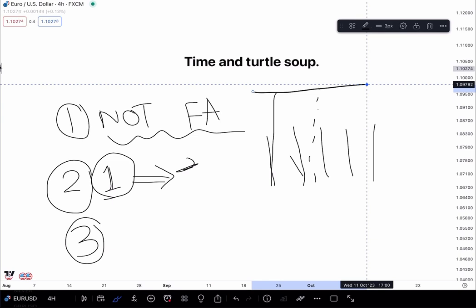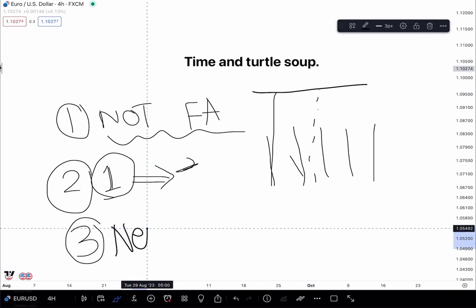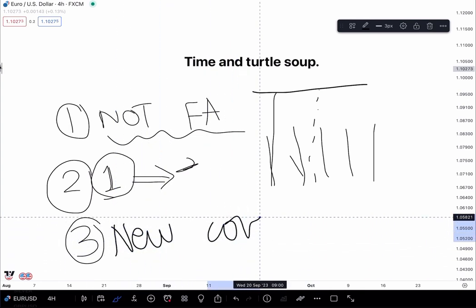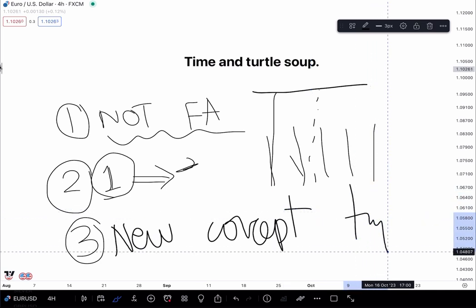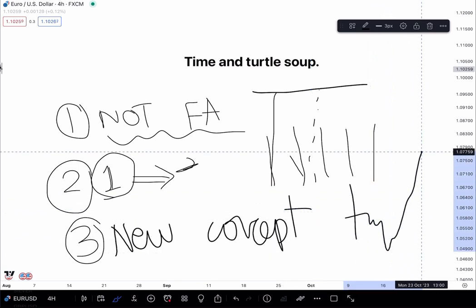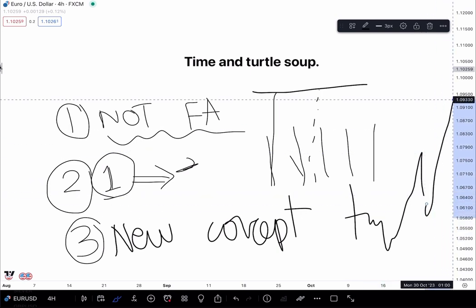Third of all, when you're learning a new concept, then you don't just go and watch it once, open, decline, rally, OTE, rally.